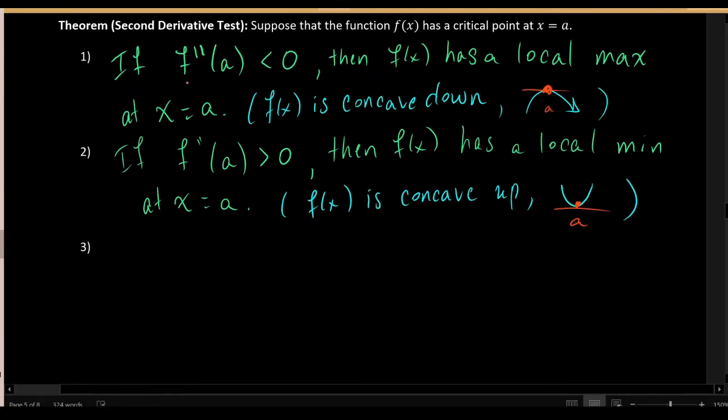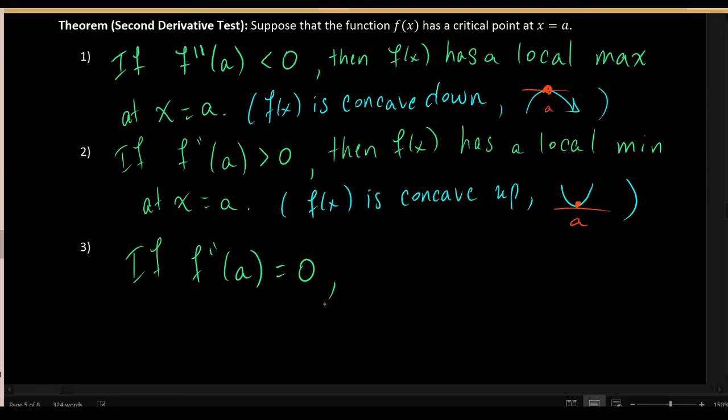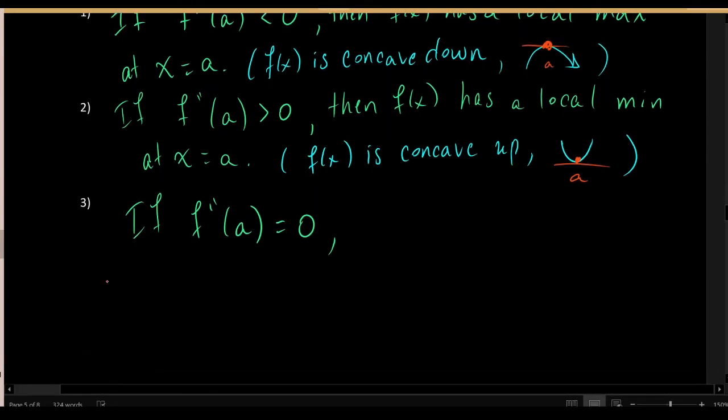Now what if neither of these two things occurs? What if you take your critical point, plug it into the second derivative, and get 0 on the nose? If you get 0 on the nose, you're unlucky. You're going to have to use some other method, some other test, to classify the critical point.